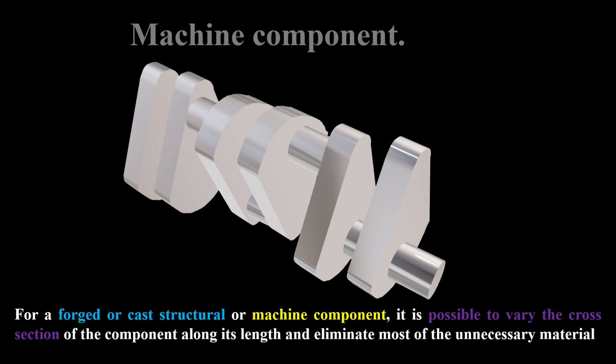And now let's see for which components we can use prismatic and non-prismatic. For a forged or cast structural or machine component, it is possible to vary cross sections along the length of the component and eliminate most of the unnecessary materials.